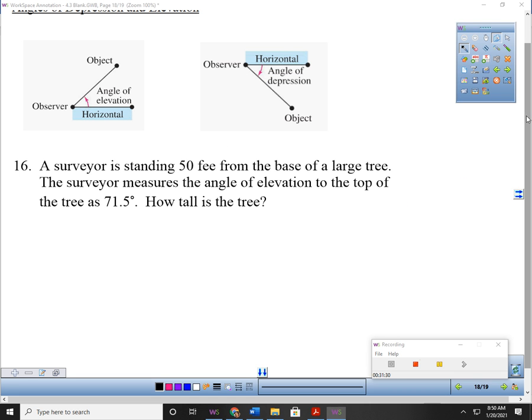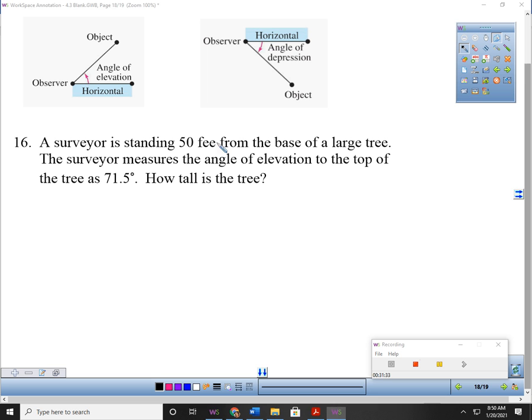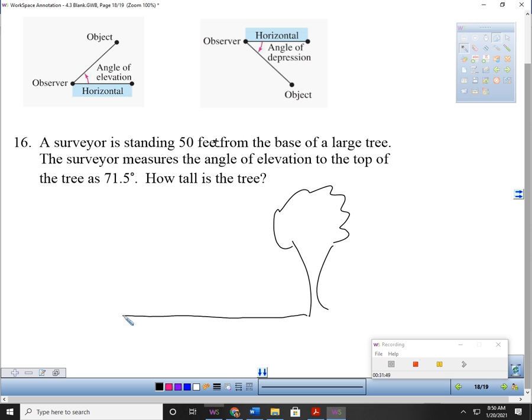So I like to draw pictures. Oh, that should be feet. A surveyor is standing 50 feet from the base of a large tree. There's my beautiful tree, and I have a dude. He's standing 50 feet away, so this would be 50 feet.